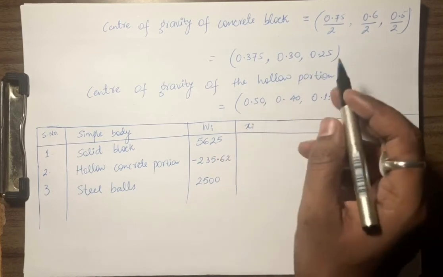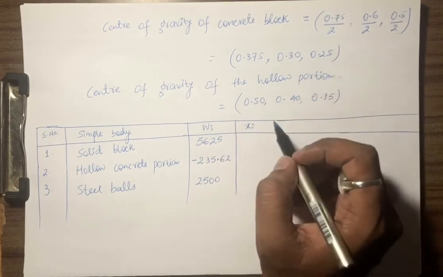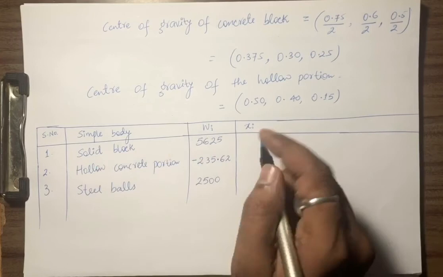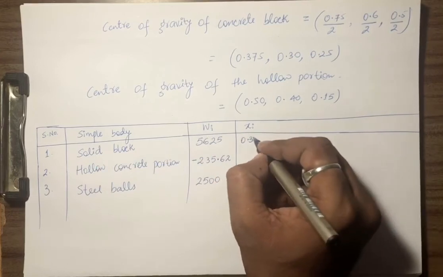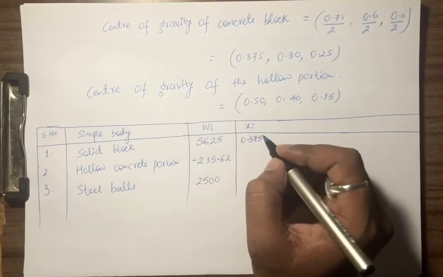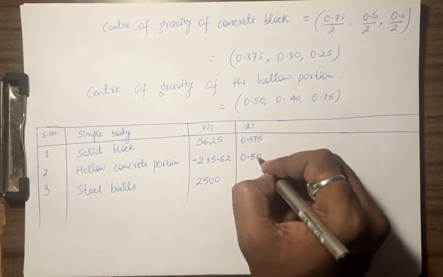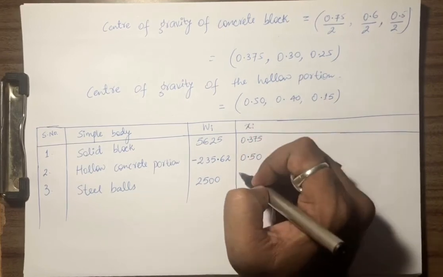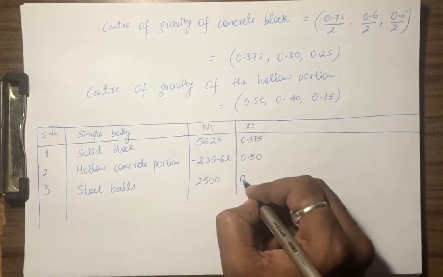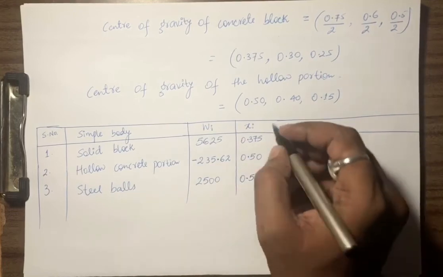Xi we have already calculated. For solid it was 0.375. For hollow portion it is 0.50. For steel balls it will be 0.50.